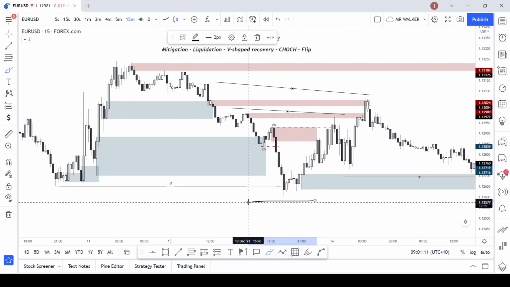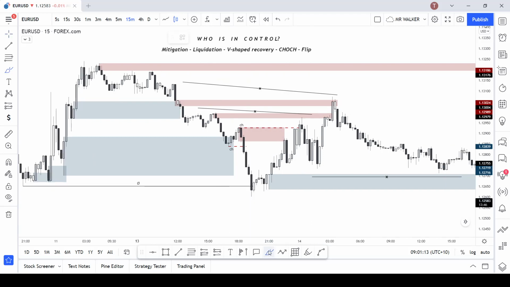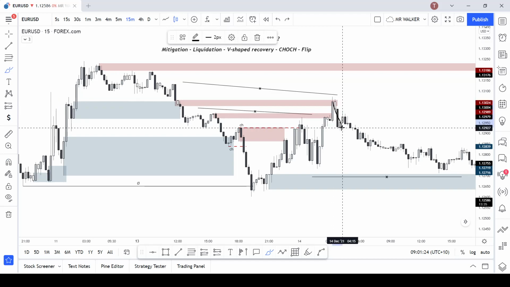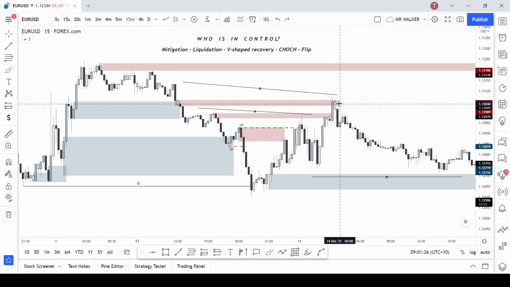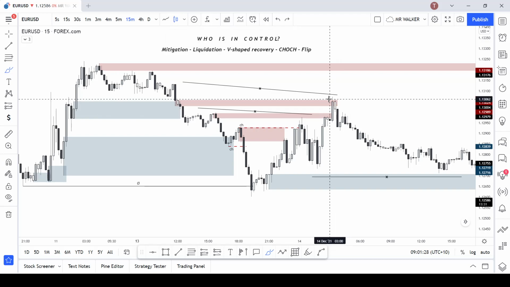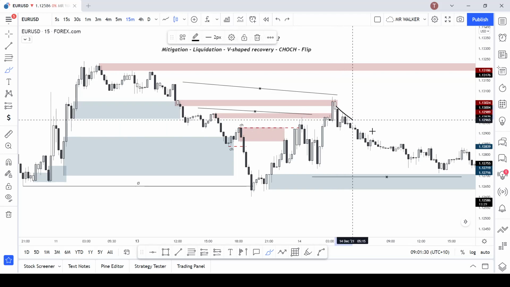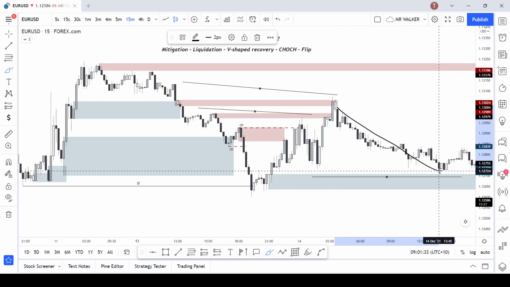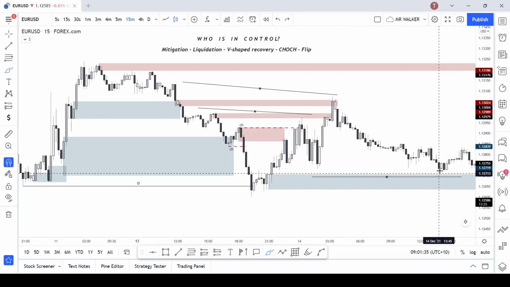Well, what we see is actually we wick the demand, which means that we only sweep the liquidity. We then show an aggressive reaction of the supply. We don't close above the supply, which means that supply held, and then we go to the downside. All right.